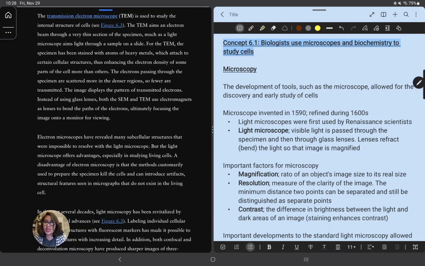The transmission electron microscope is used to study the internal structure of cells. The TEM aims an electron beam through a very thin section of the specimen, as a light microscope aims light through a sample on a slide.